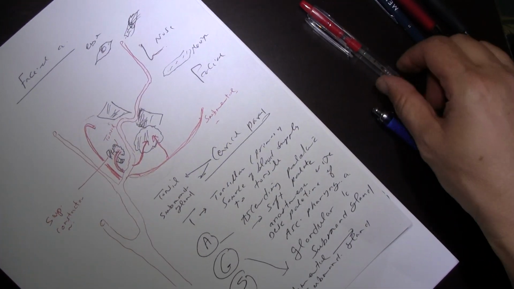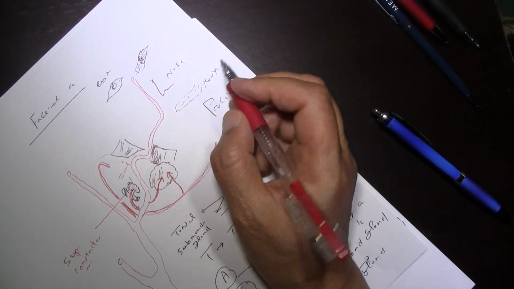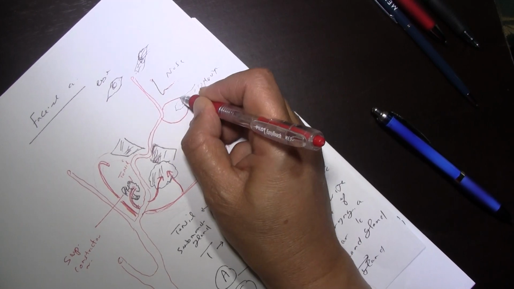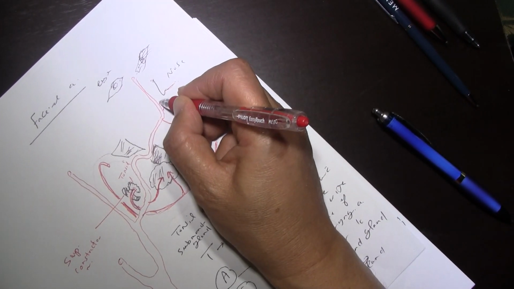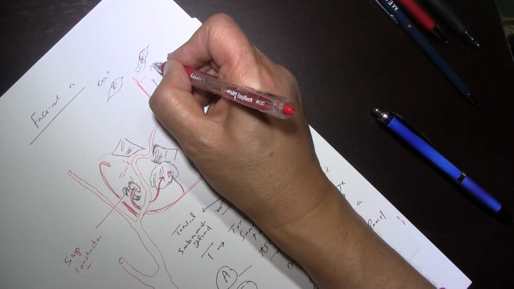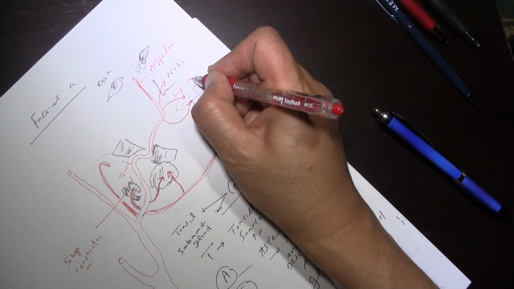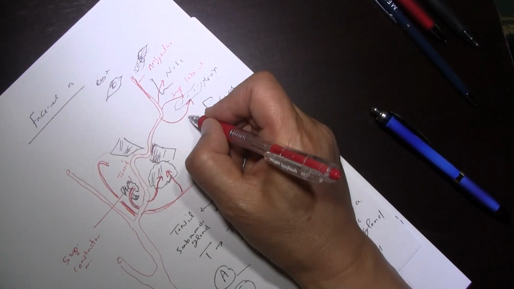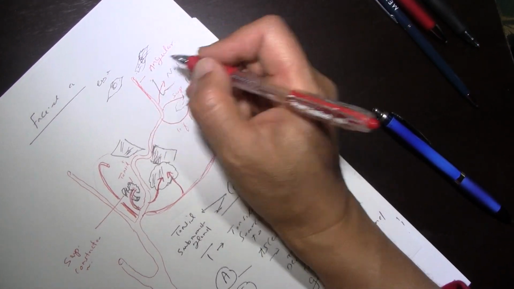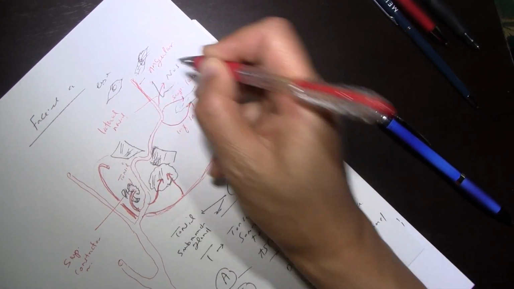Okay. How about the facial part? The facial part, we covered it before. Again, it gives inferior labial to the lower lip, superior labial to the upper lip, lateral nasal to the nose, then continues as angular. So superior labial, inferior labial, lateral nasal, and angular.